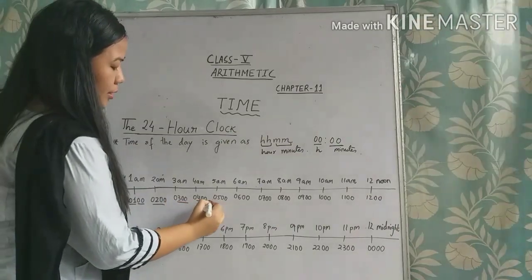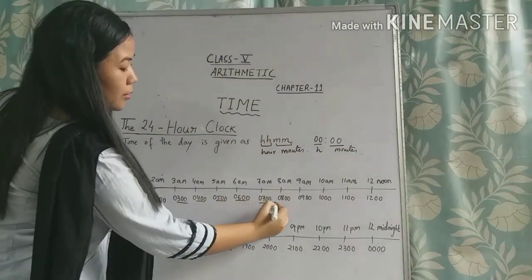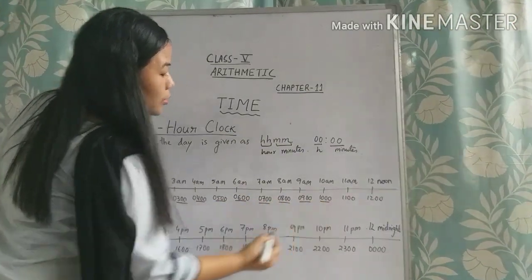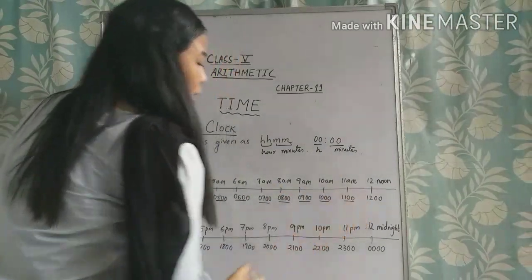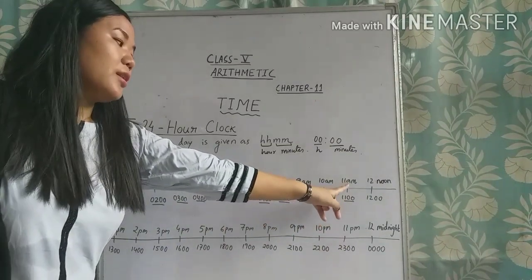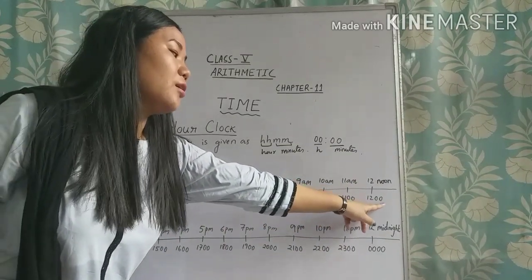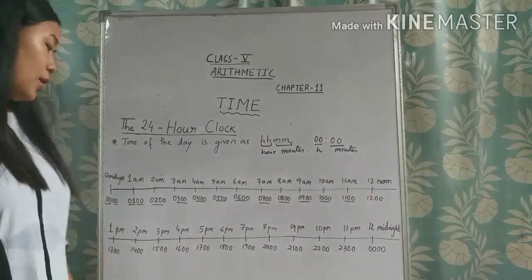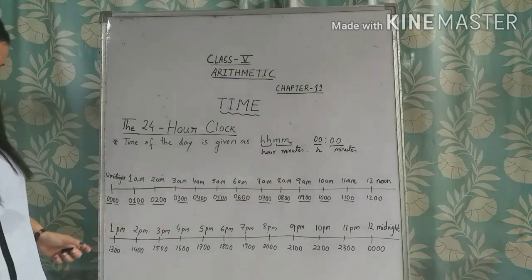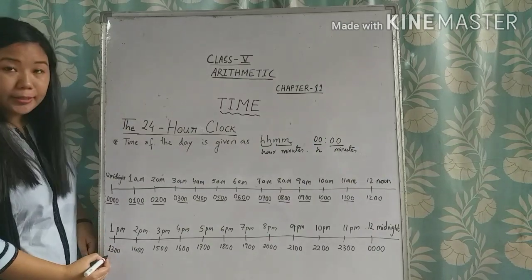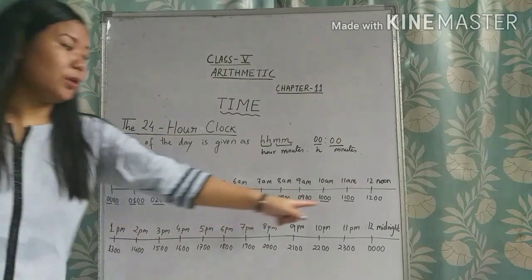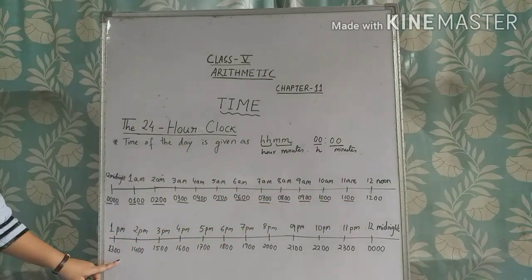Like that you will understand the hours which are given. Now after 1100 hours, 11 AM, and 1200 hours is 12 noon. Now after 12 noon, we write 1300 hours.